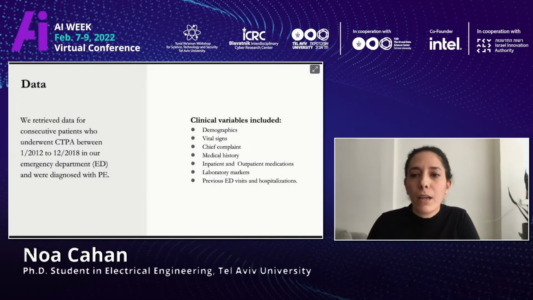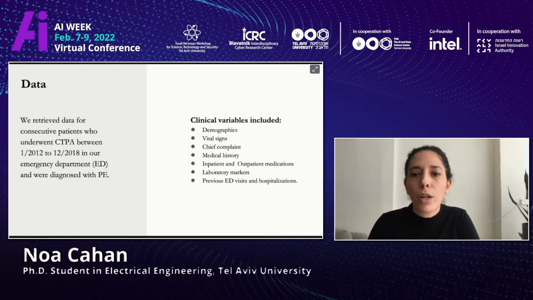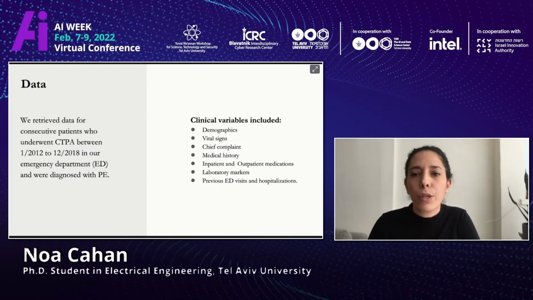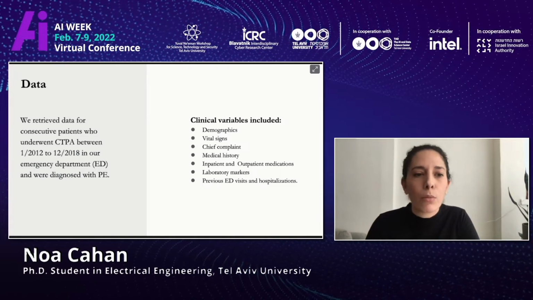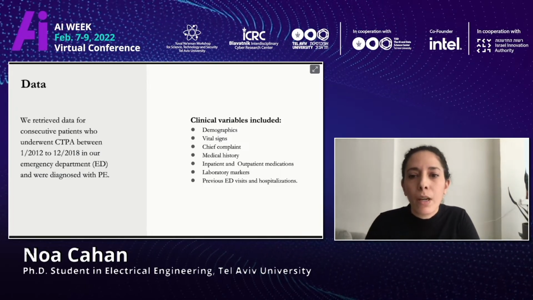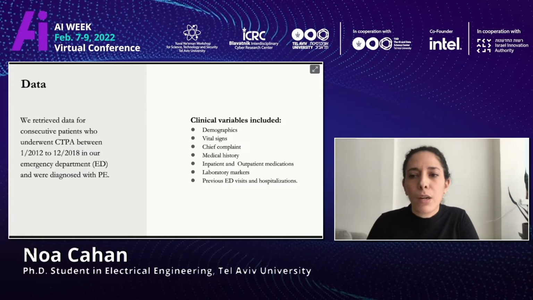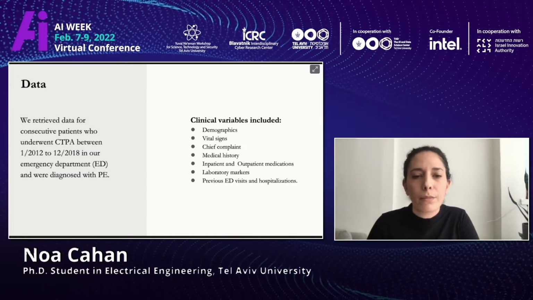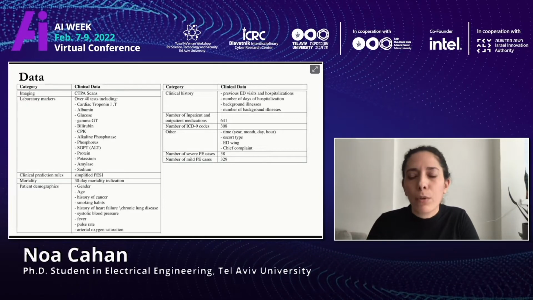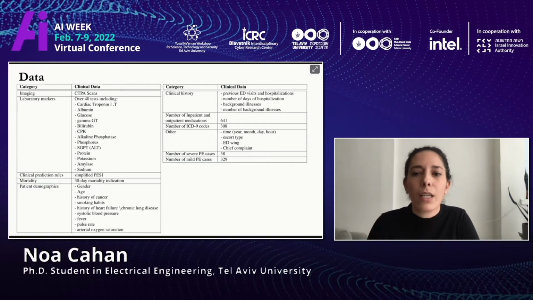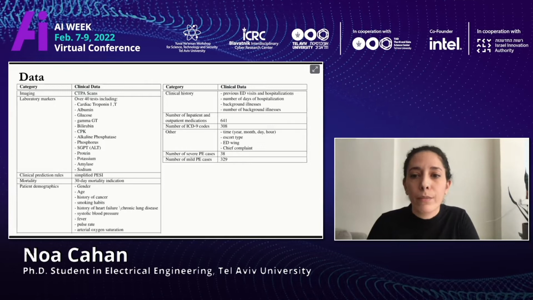We retrieved data for consecutive patients who underwent CTPA between the years 2012 to 2018 in our emergency department and were diagnosed with PE. The different clinical variables we've used are listed on the right. Here is a more elaborate table of our data. As you can see, it is very rich and variable.